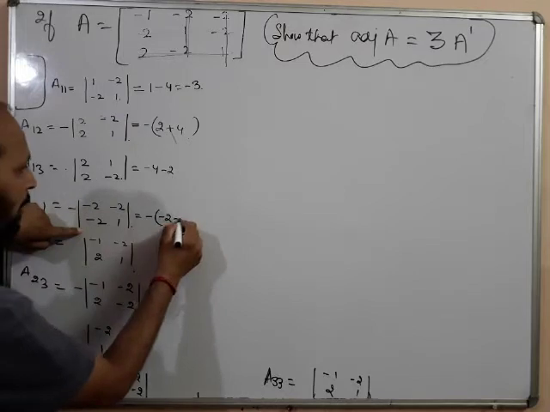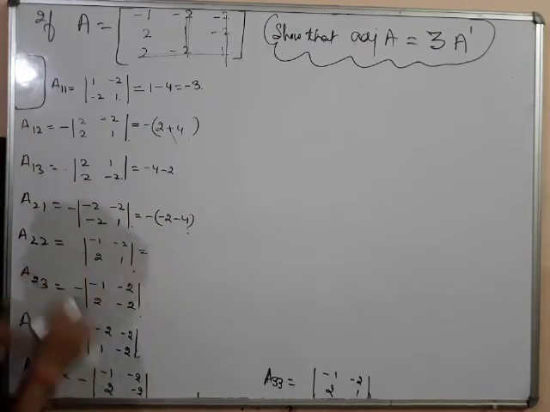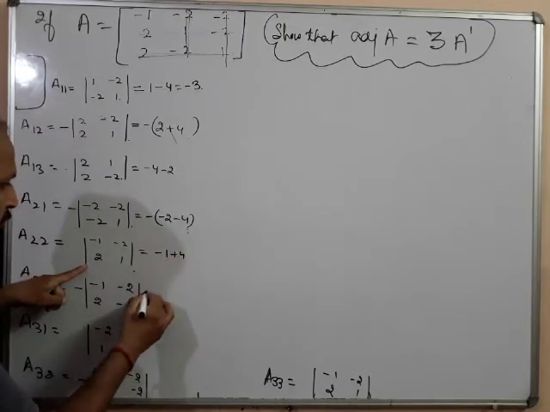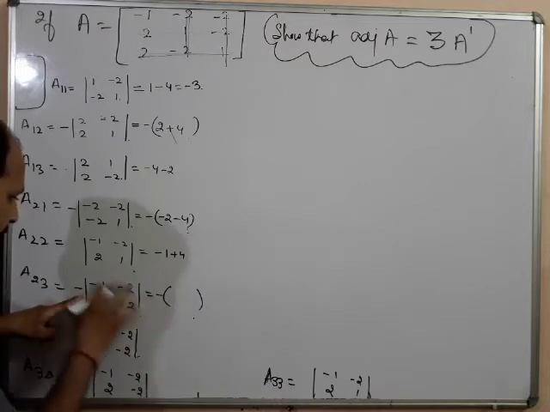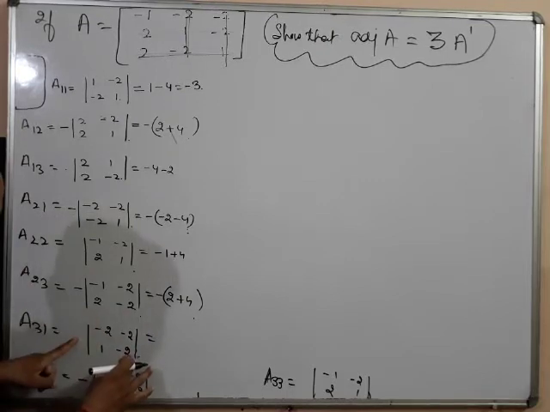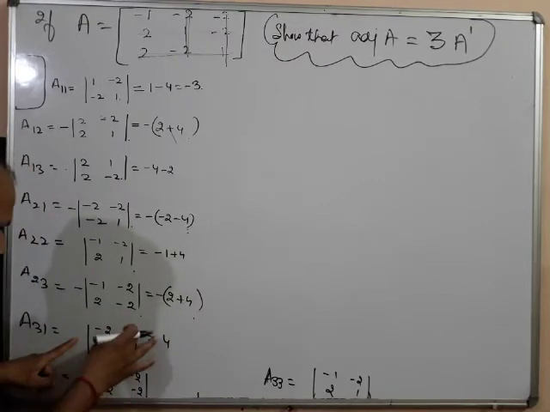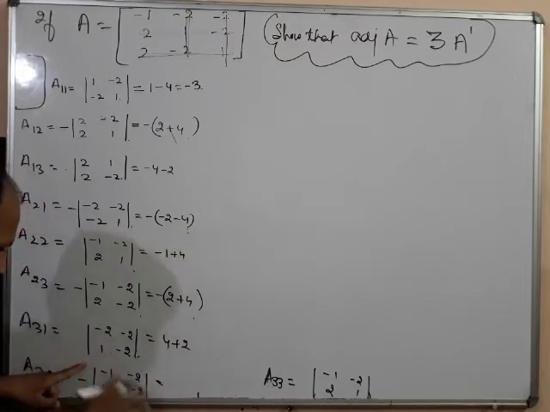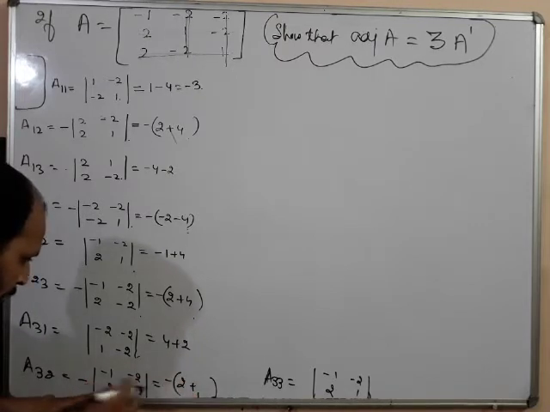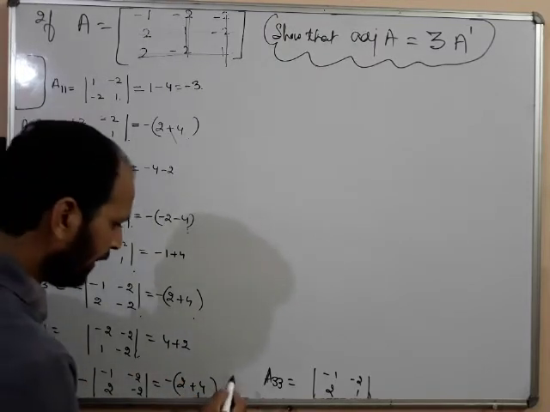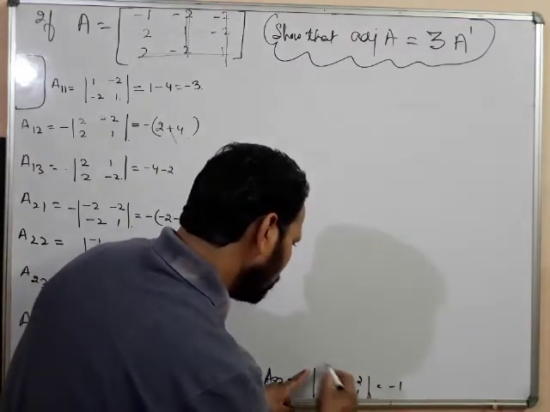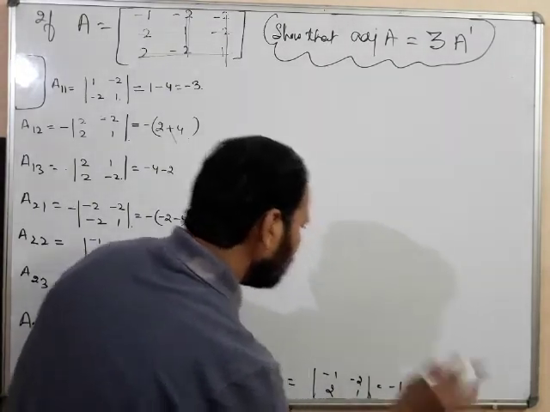Clear? Minus 4. Now this into this minus 1 plus 4, minus this into this 2 plus 4. Now this into this minus plus 2, this into this 2 plus 4, and here this into this minus 1 plus 4.